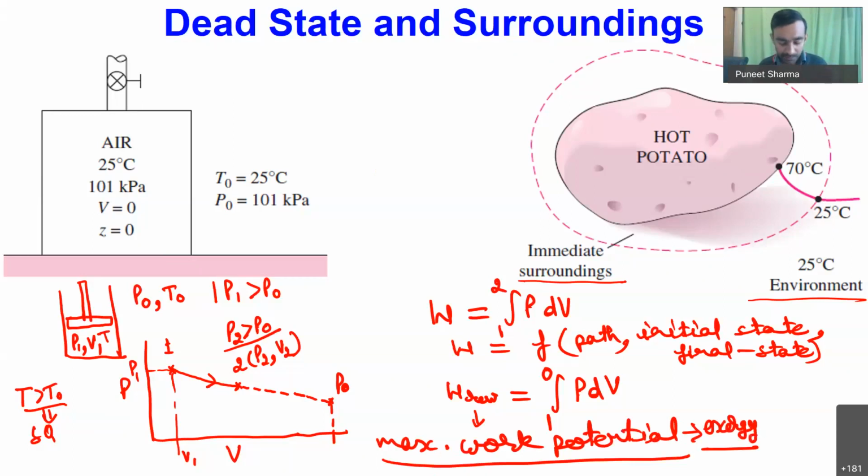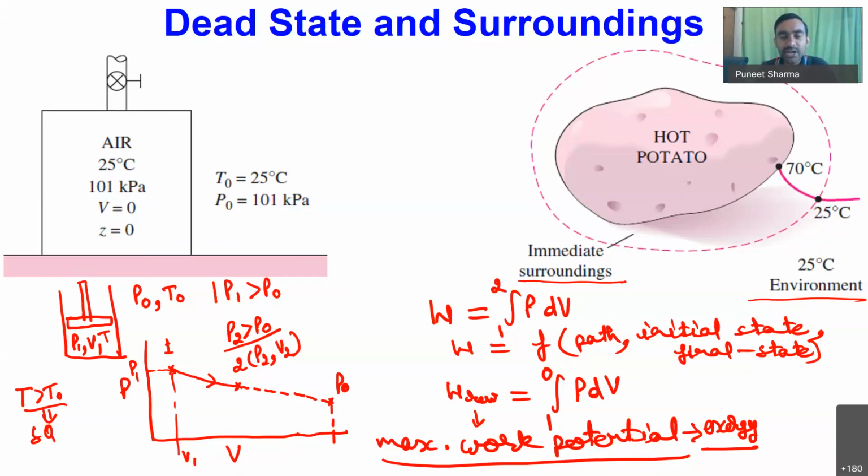Now one important point I would like to highlight: though we say that exergy is a property of the system, it is not a sole property of the system, because it also depends upon the final state of the system. In the case of exergy, the final state has to be equivalent to the thermodynamic state of the surroundings, because we have to bring the system to the dead state to extract the maximum potential of work from it.